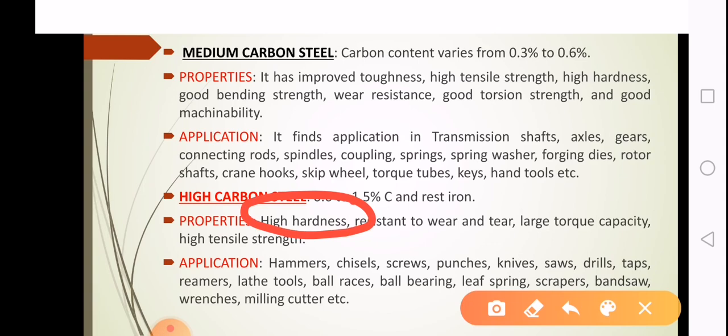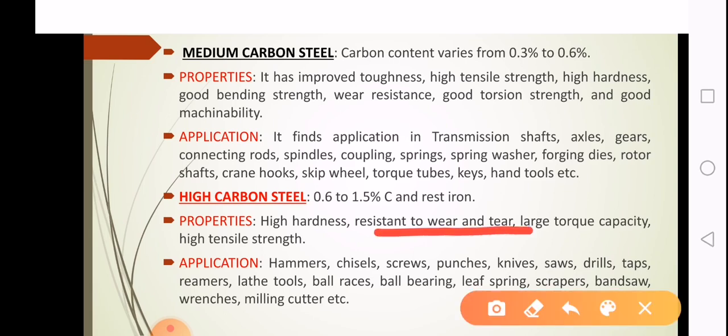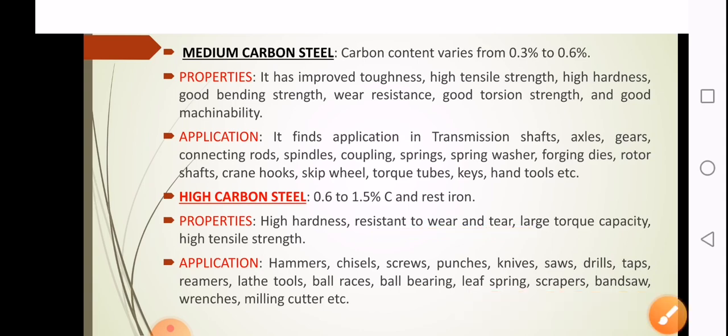If the hardness is high, then the resistance to wear and tear will also increase. So it has a very large torque capacity and high tensile strength. They are used in hammers, chisels, screws, punches, knives, saws, drills, and so on, where very high hardness is needed.